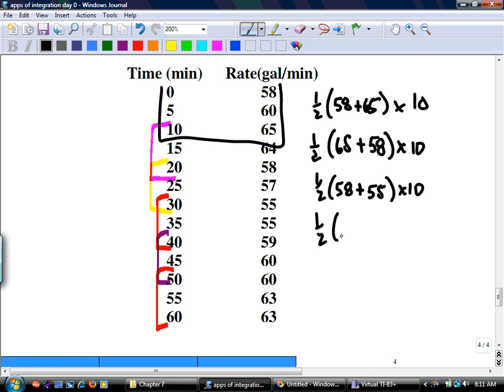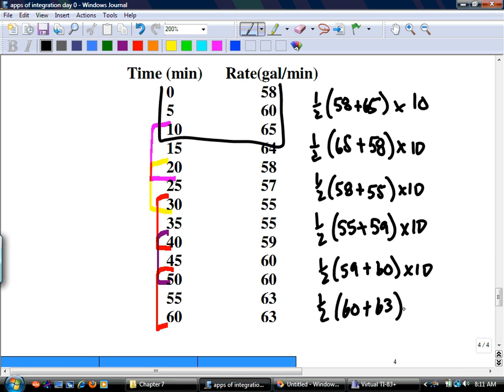I'm getting lost. 55, 59. And then 59 and 60. And 60 and 63. How's that? Then you reach for your calculator and type it in.